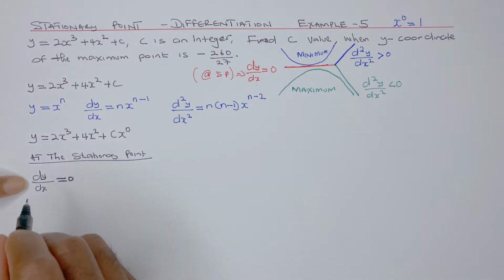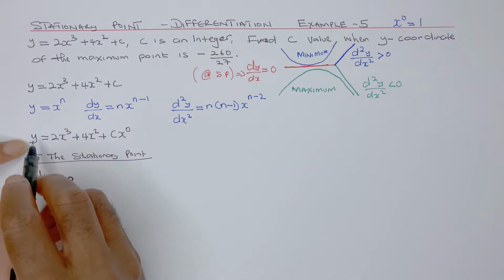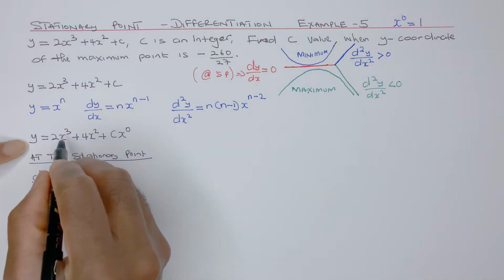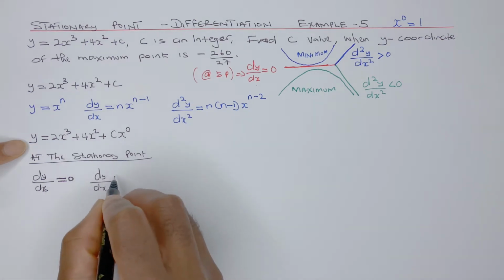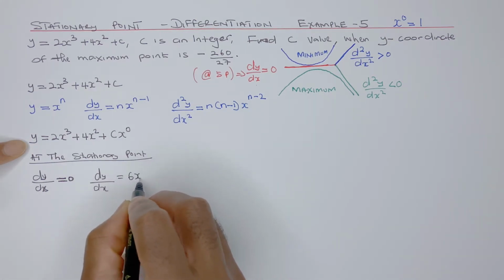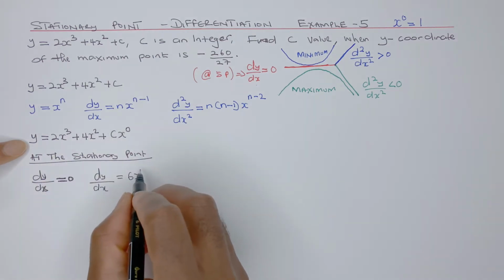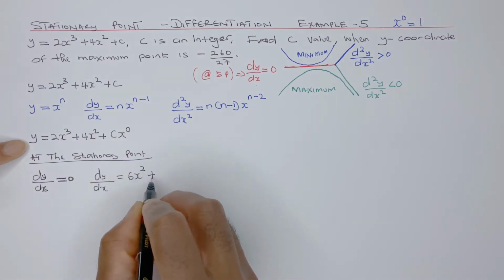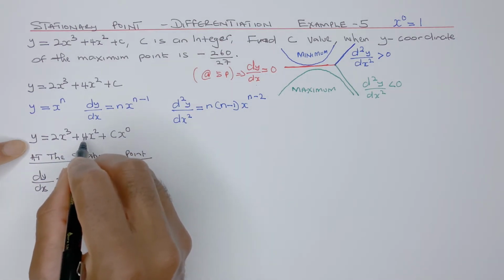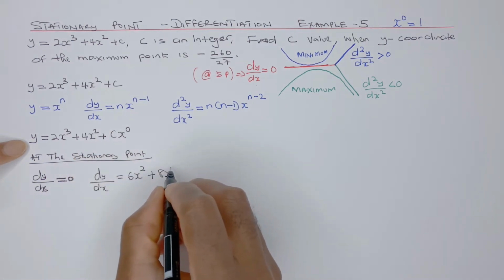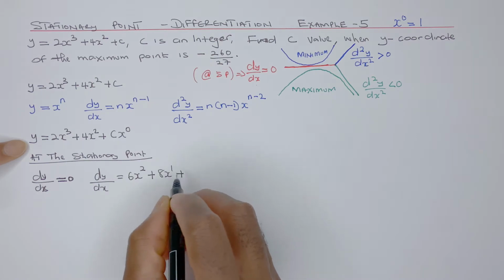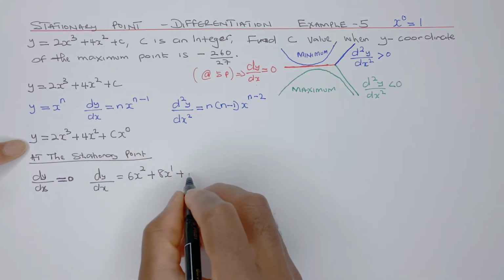So now let's find dy/dx. The dy/dx is 3 times 2 equals 6x, 3 minus 1 to power 2, plus 2 times 4, 8x, 2 minus 1 to power 1, plus 0 times c, that'll be 0.